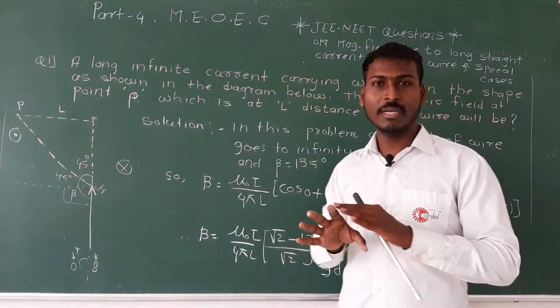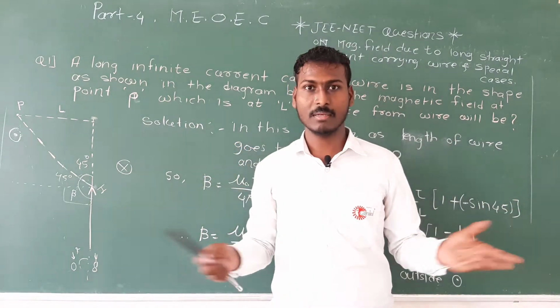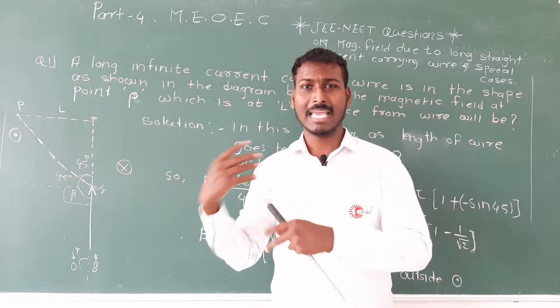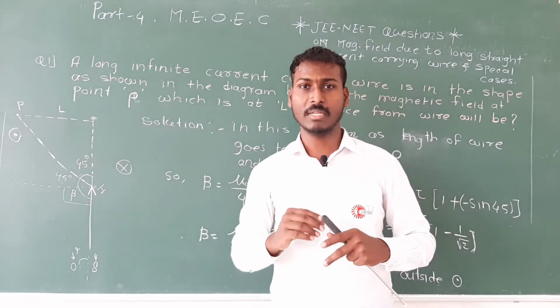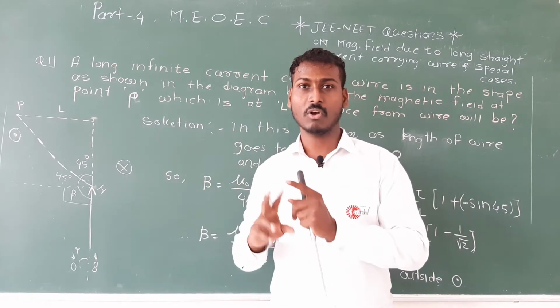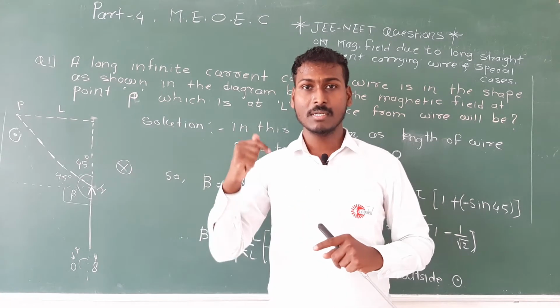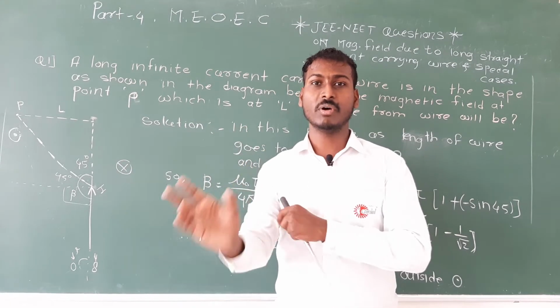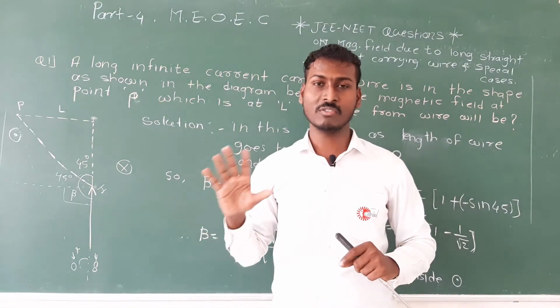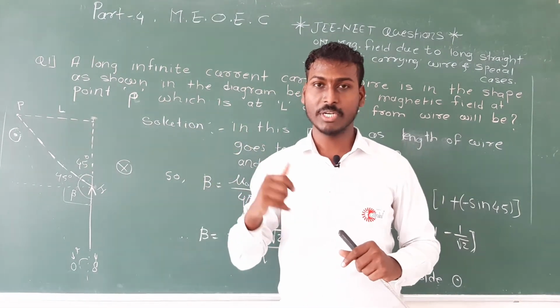This much time it won't take, because you already know the formula. Mu 0 upon 4 pi r will always be there. If they have replaced r by s, l, whatever it is, you can just put that symbol, and the remaining part is sin theta 1 plus sin theta 2 or cos alpha plus cos beta. Just do the calculation in your mind by putting in those values, by watching the diagram. Within 1 minute you can solve such kind of questions. Okay, note it down.